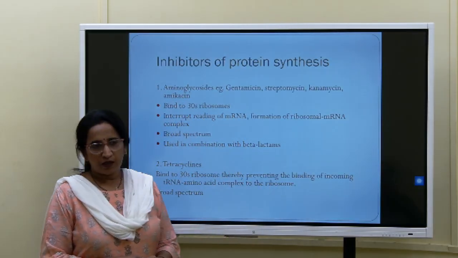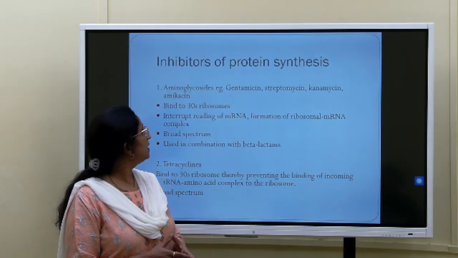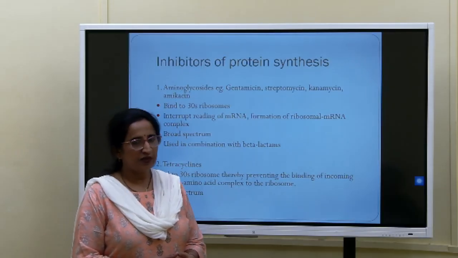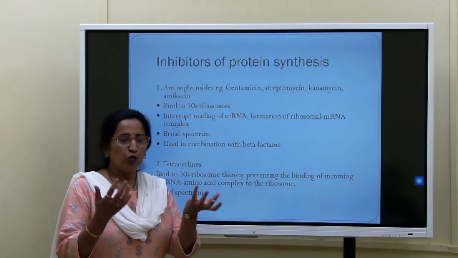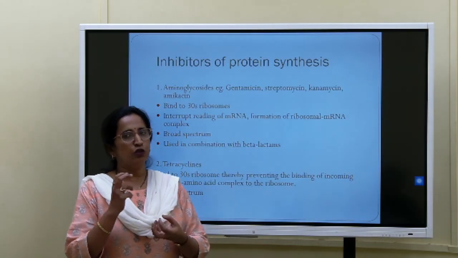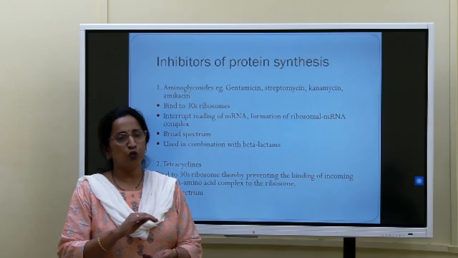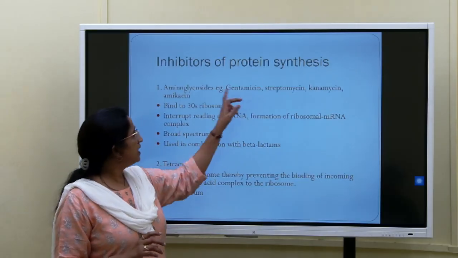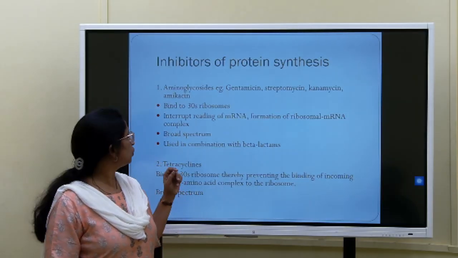Under aminoglycosides, we have examples like gentamicin, streptomycin, kanamycin, and amikacin. These are very commonly used antibiotics. How do they act? Now we know that the ribosome machinery consists of two parts, that is the 50S ribosome and the 30S ribosome. So these antibiotics bind to the smaller ribosomal unit, that is the 30S ribosome.